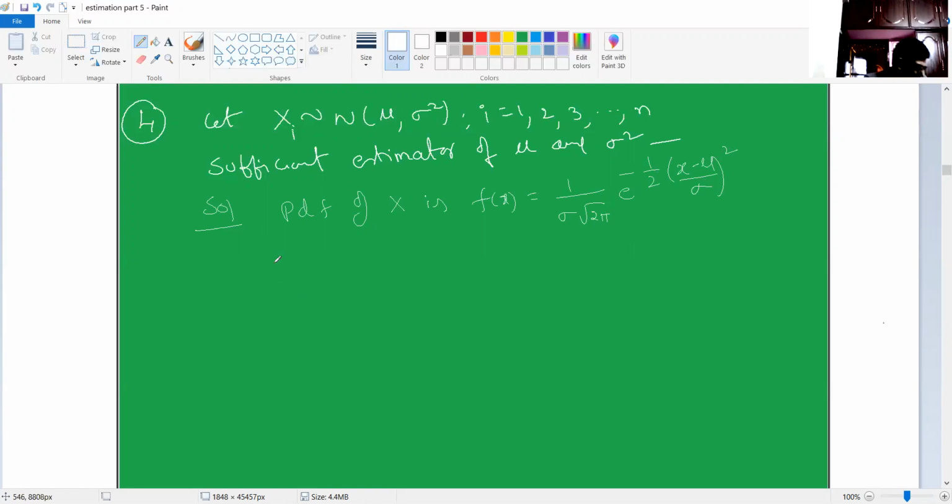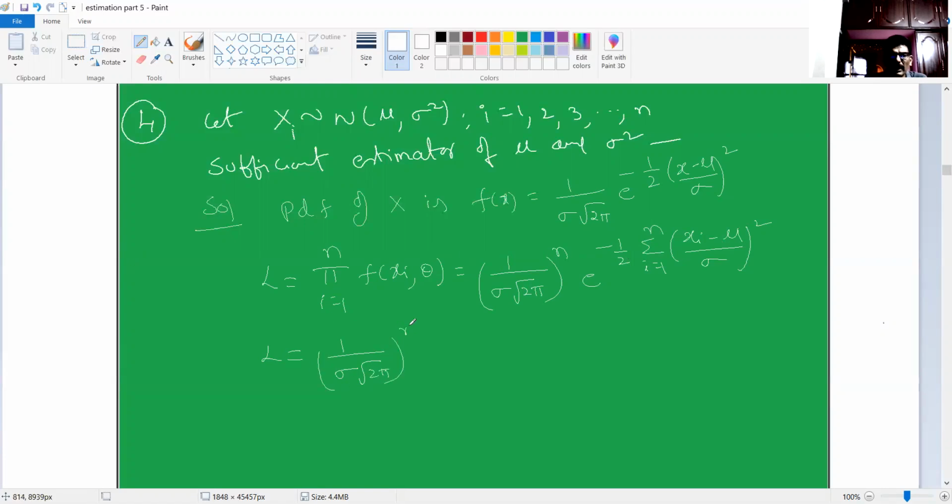Now, the likelihood function of the normal distribution is the product from i = 1 to n of f(xi, theta), where theta belongs to (mu, sigma square): L is equal to (1 by sigma root 2 pi)^n e^(-1/2 summation ((xi - mu)/sigma)^2), that is, e^(-1/(2 sigma square) summation).